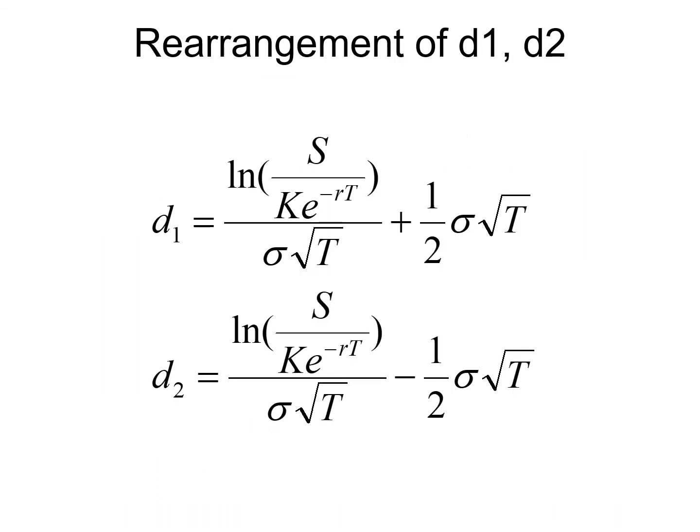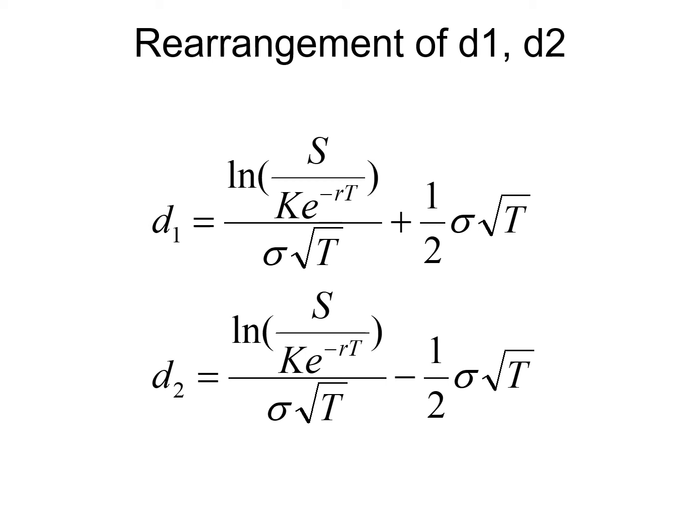In the formula, D1 and D2 are not that intuitive, so we rearrange D1 and D2 into a more symmetric way. So you can see that D1 is really log of S over K e^(-rT). This means it's a ratio of the stock price over the strike price.